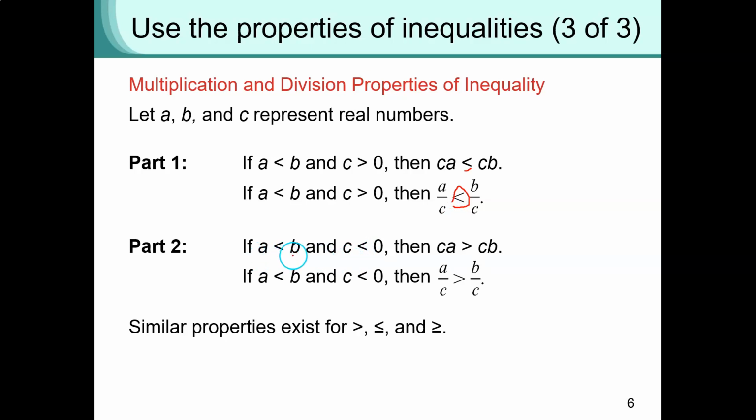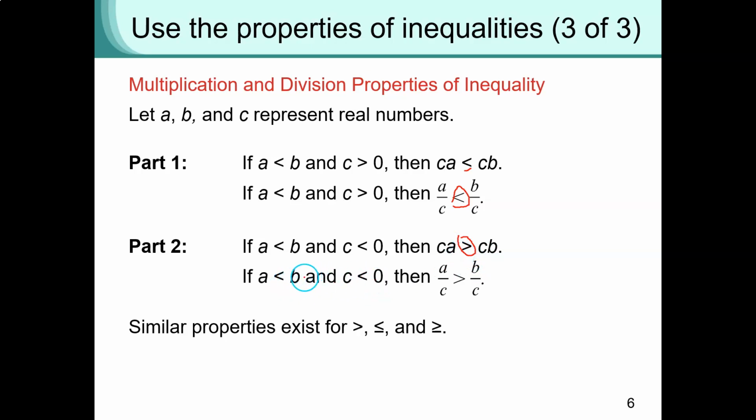If A is less than B and C is less than 0, which means C is a negative number, when you multiply both sides of the inequality by C, the direction of the inequality sign swaps. It changes the direction.